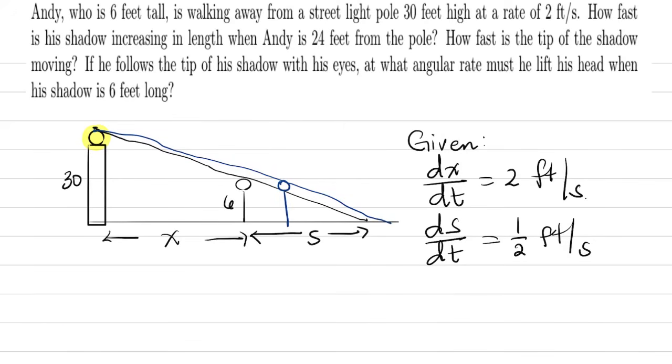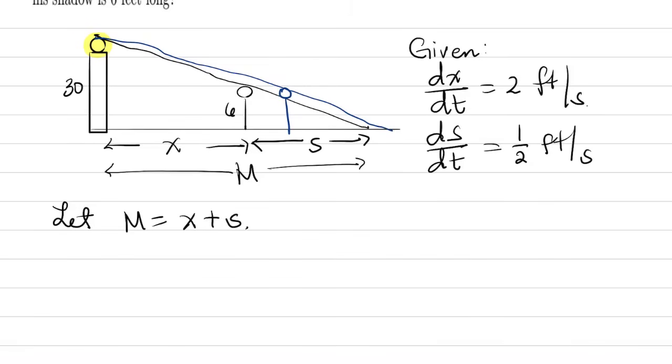Okay. So suppose that this whole x plus s is equal to, let's call it, m. So let m be equal to the sum of x plus s. So what do we want to know?